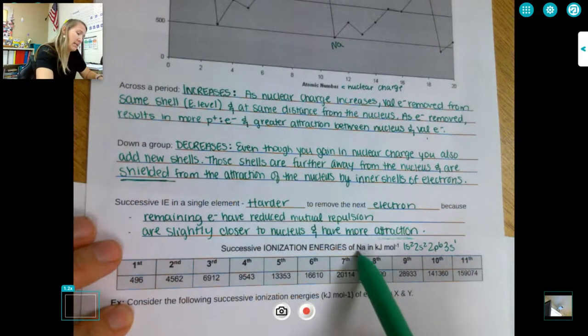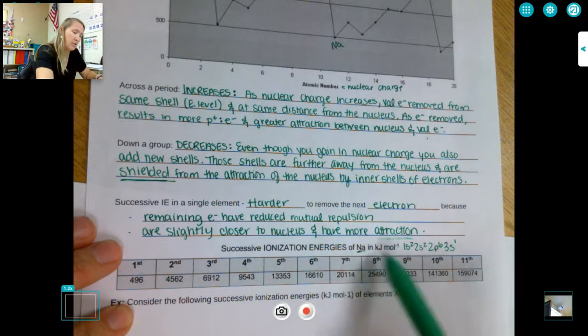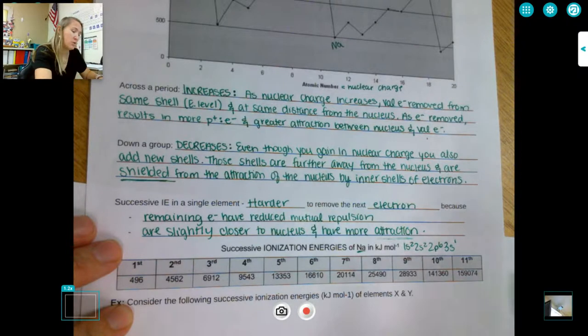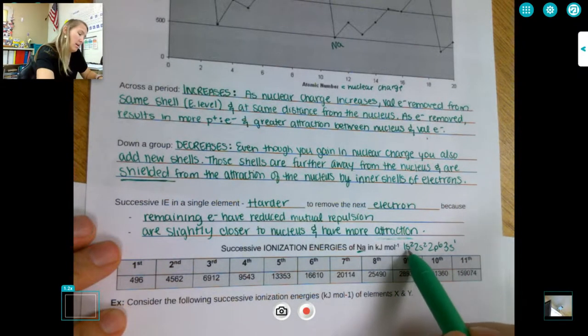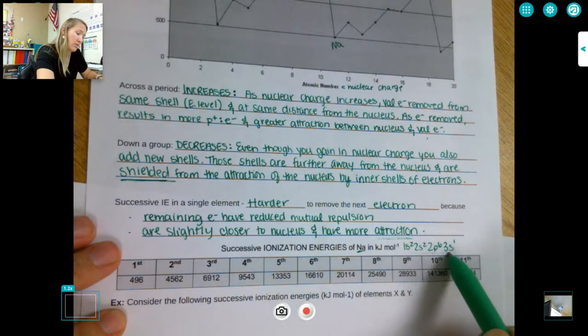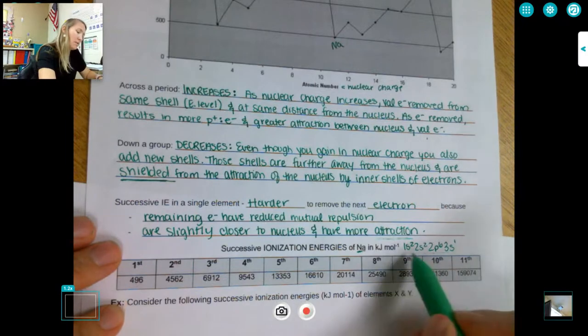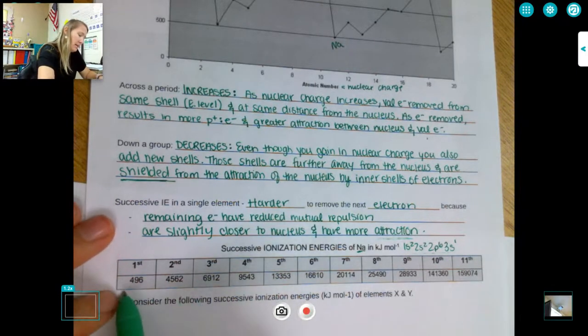So if we were to look at ionization energies of sodium, again, this is in kilojoules per mole. So energy required to remove 1 mole of electrons. Sodium has an electron configuration of 1s2, 2s2, 2p6, 3s1. So we can see the energies, and this matches.